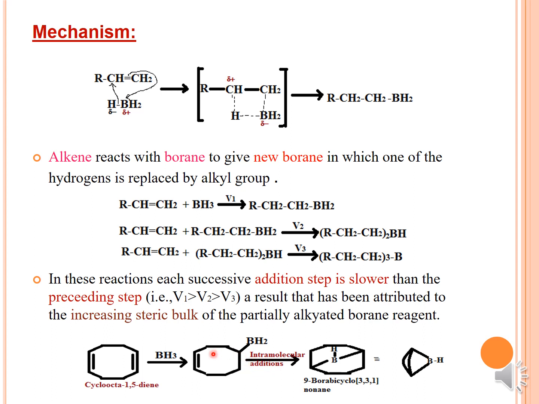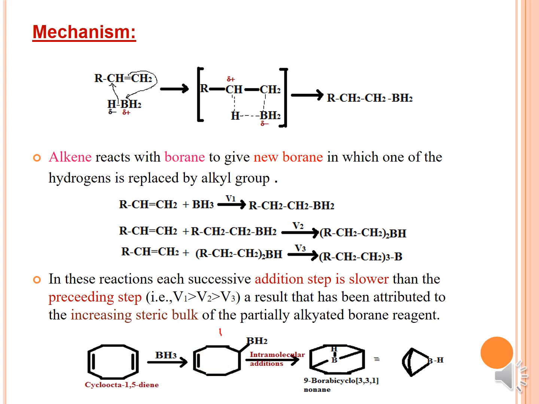So when the intramolecular addition takes place, one of the hydrogens on the HBH, that hydride, will go and attack the carbon, and this alkene will go and bind to the boron atom. So there will be an intramolecular addition reaction taking place.